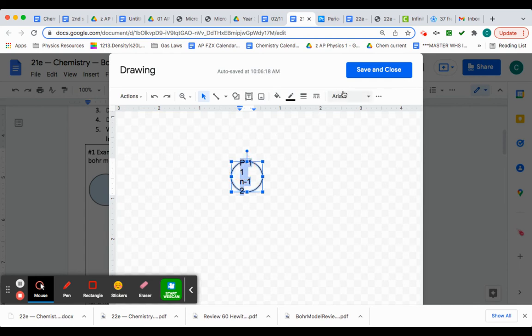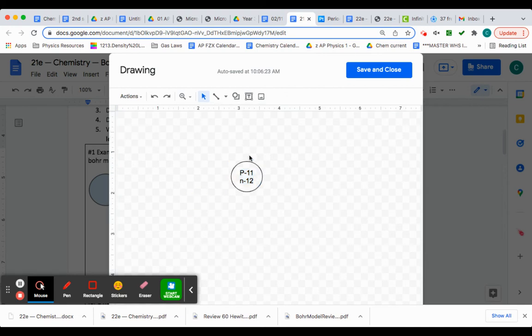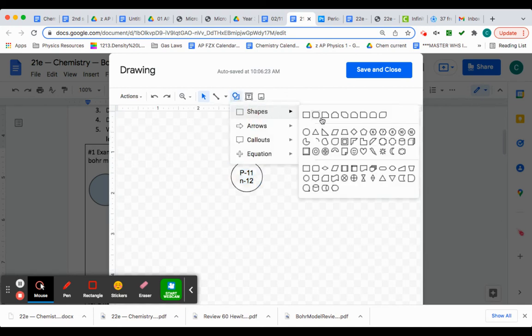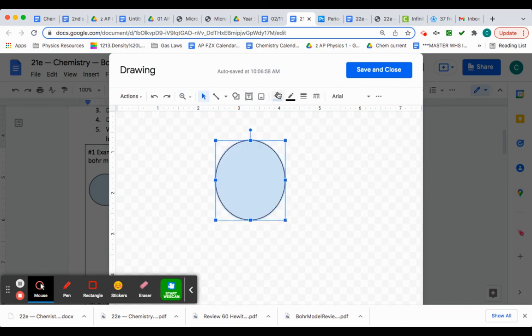So we're writing that on the inside like so. So now I have one shell. I need a second one. And then a third one, again, because sodium was in the third row. All right, awesome. So now my shells are drawn.